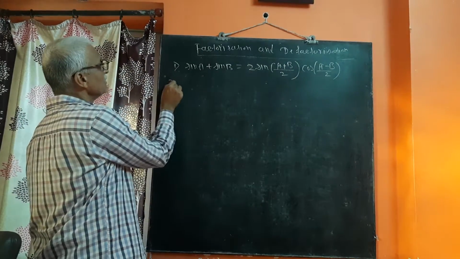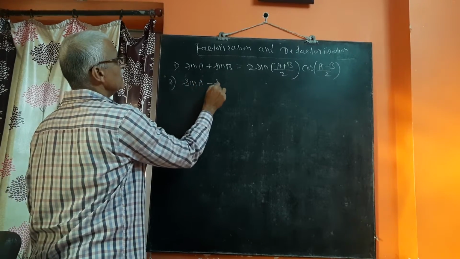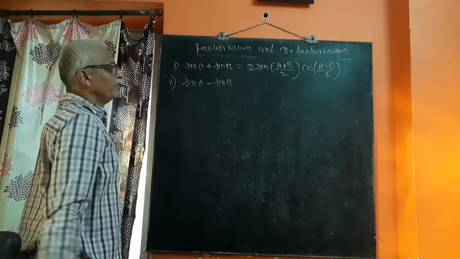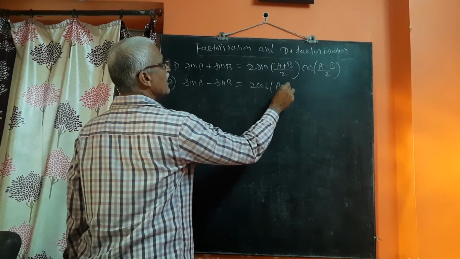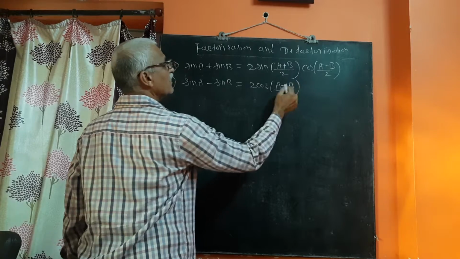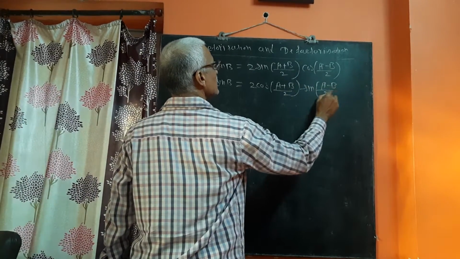The second one is sin A minus sin B is equal to 2 cos of A plus B by 2 into sin of A minus B by 2.